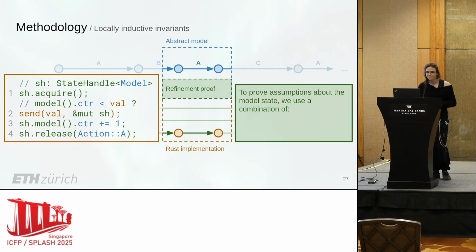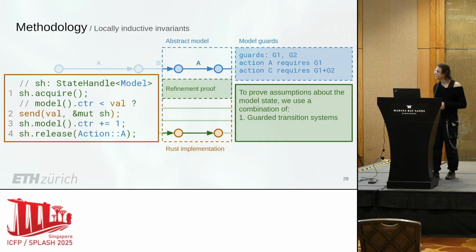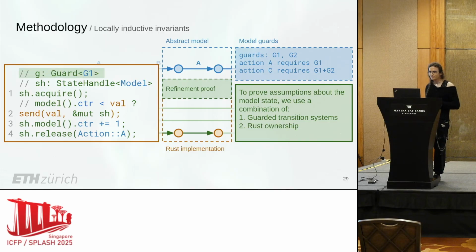So back to our example, we make use of guards and guarded transition systems, as we've seen, to deal with these situations. So our notion of a model is no longer just a transition system. It is a guarded transition system with a set of guards and a specification which says which guards are required for which actions. But dually, the guards are also resources in the implementation.